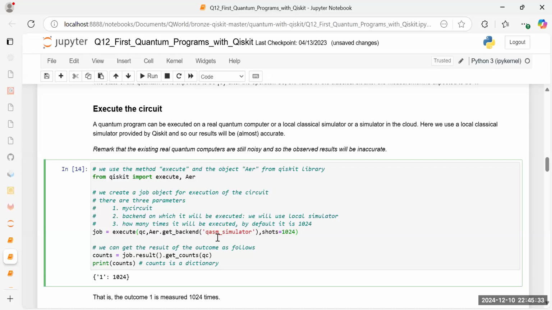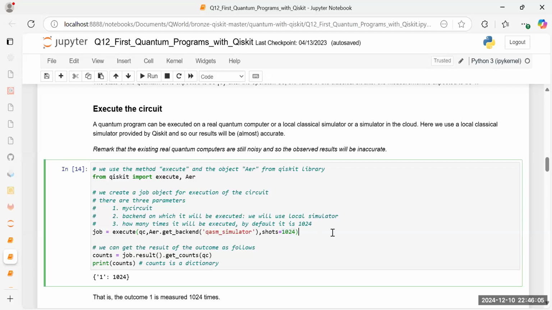With the QASM simulator, I want to run my quantum circuit on my PC, which is a classical device. So that's why we have a simulator here, meaning it's a classical device, but it's simulating the operations of a quantum device. So I'm simulating my quantum circuits on a classical device with the QASM simulator.